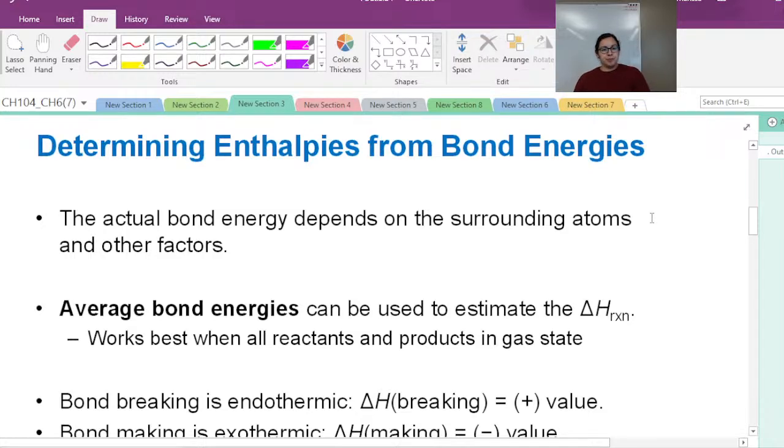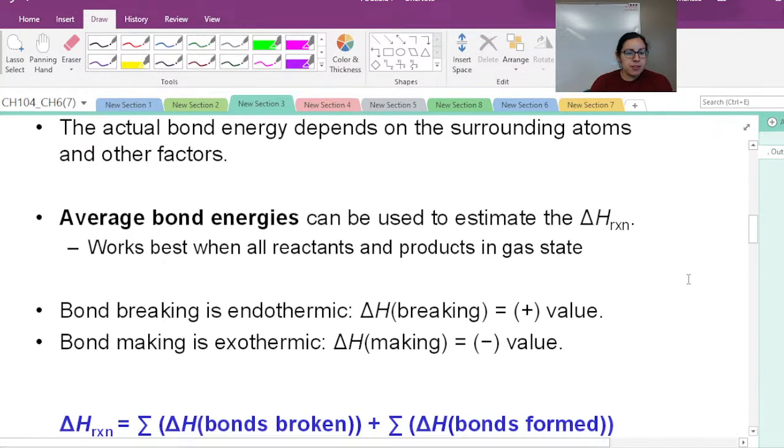And then, for our purposes, bond breaking is endothermic. You have to put energy in to break a bond. That's where we get a positive sign. Again, you're putting energy into the system. Maybe add that: energy in. And then bond making is exothermic.